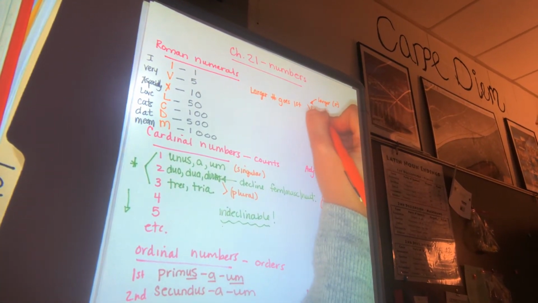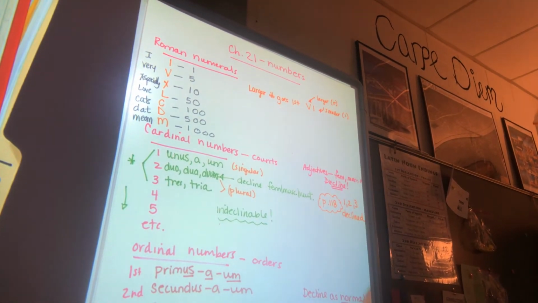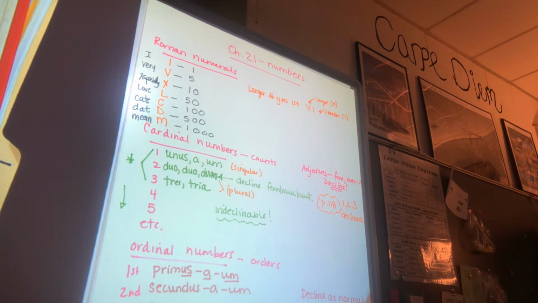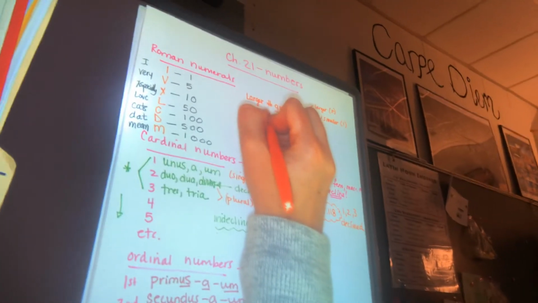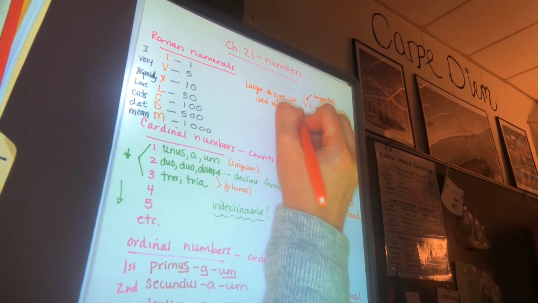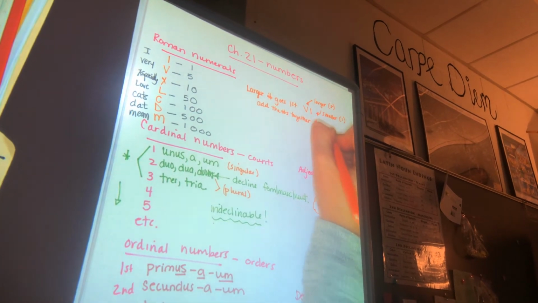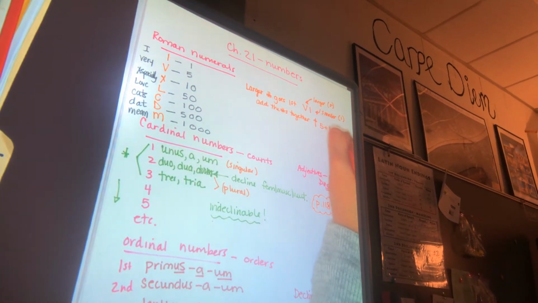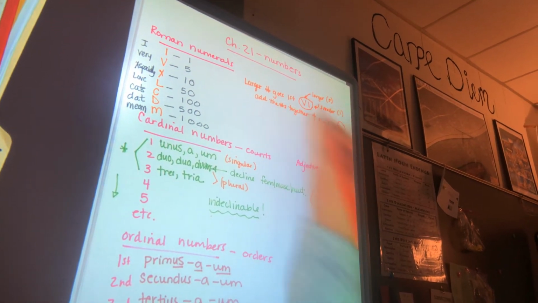Versus I is smaller. It is only 1, right? And all you do is add the numbers together. So in this case, 5 plus 1 equals 6. So VI is 6.